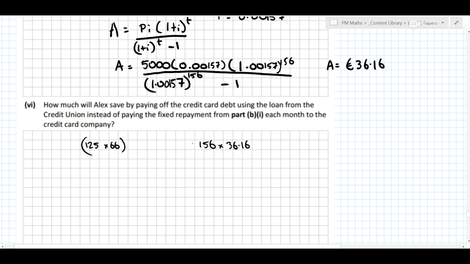Okay, so the difference between the two, and he saves €2,609 and 4 cents. 0, 3, 5 again. Okay, so really the only very hard part of this financial maths question was the very first question, the derivation of the amortization formula. Apart from that, quite doable.